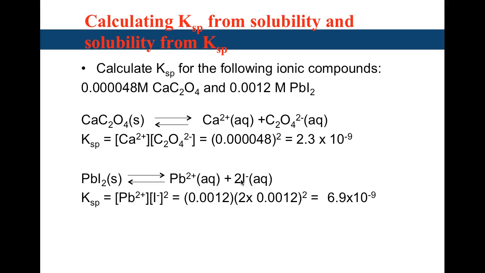So 0.0012 of this, 2 times 0.0012 of this squared, because that's the Ksp expression. Okay, so you get 6.9 times 10 to the negative 9 for the Ksp for PbI2.